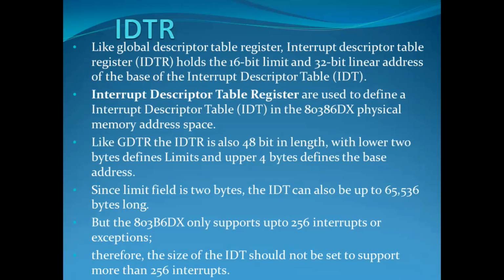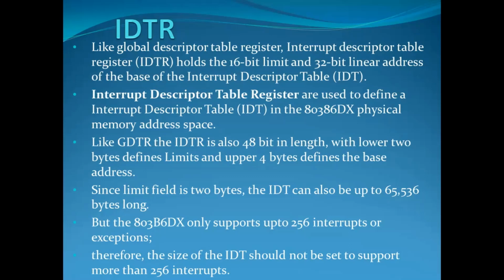The interrupt descriptor table register is used to define an interrupt descriptor table in the 80386DX physical memory address space. Like the GDTR, the IDTR is also 48 bits in length, with the lower 2 bytes defining the limit and the upper 4 bytes defining the base address.